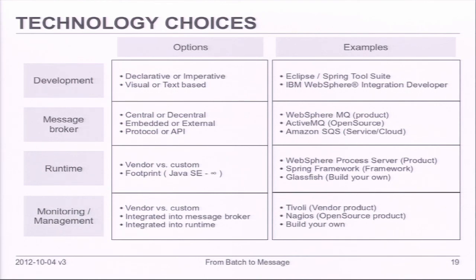You can either use it embedded or as an external service. And you can decide whether you want to standardize on an API like JMS or on a protocol like AMQP.